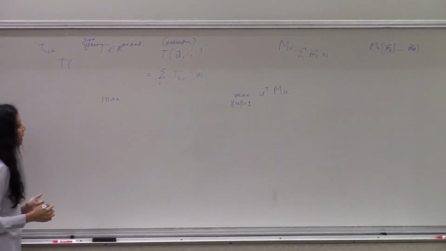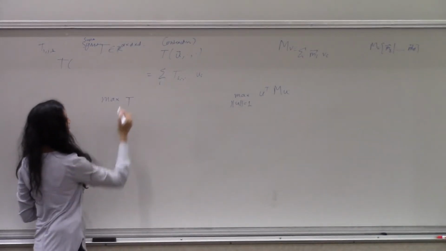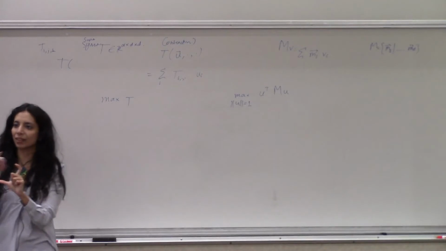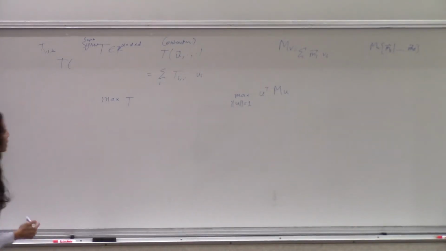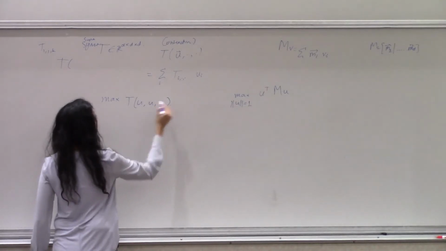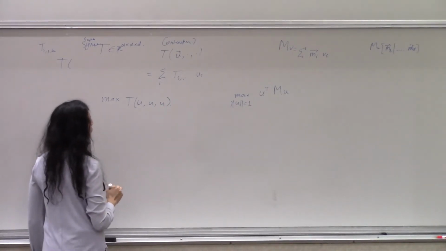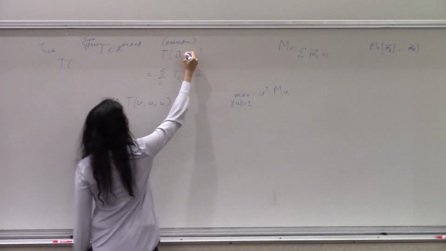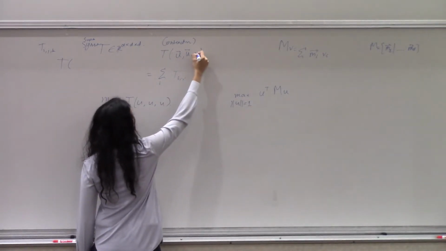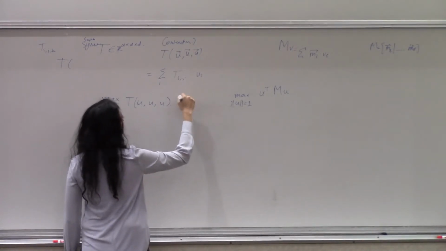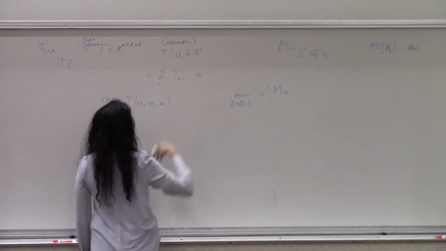Now I can ask the same for a tensor. And this tensor contraction is the analog. I'm going to contract the tensor along each direction with U. So I will now have U, U, U. If I wanted to use this notation, I'm also going to do the same over the other columns.